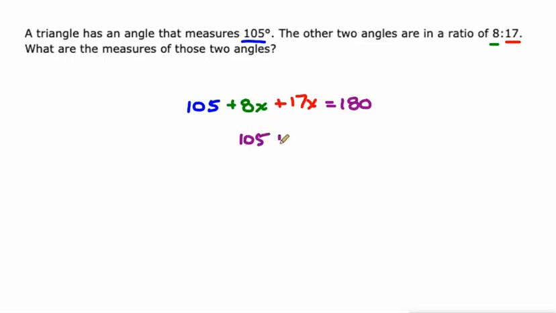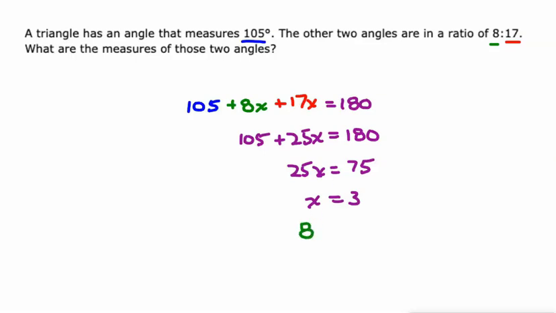So let's simplify. 8x and 17x is 25x. We'll subtract 105 from both sides. That'll give us 75 on the right. And then we'll divide both sides by 25. That gives us that x is 3. So one of our angles is 8 times 3, which is 24 degrees.